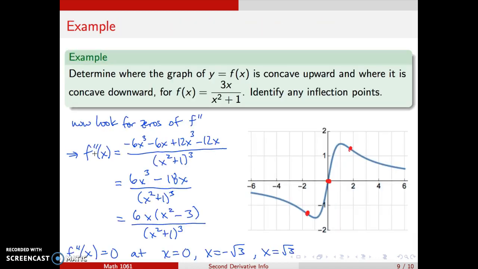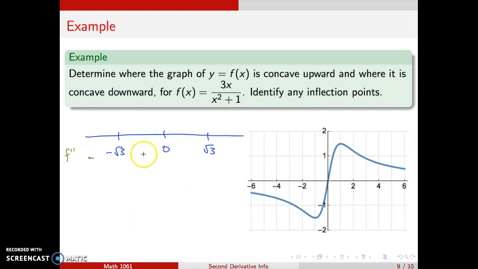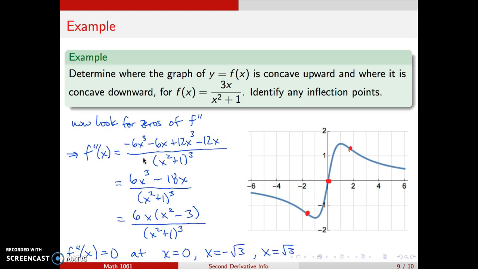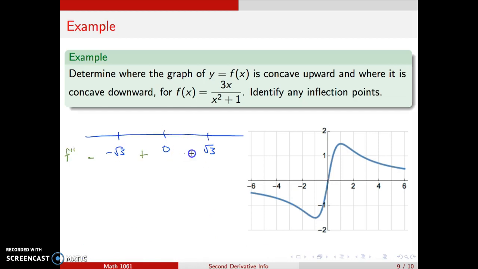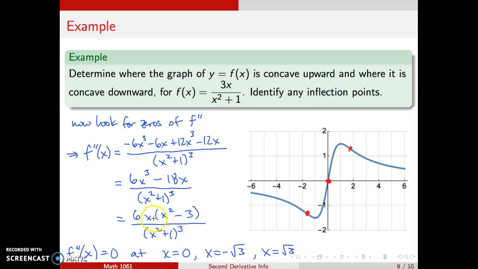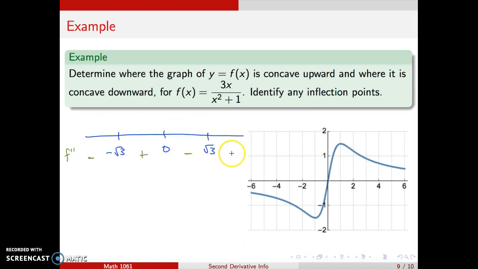Something in between, like negative 1, is negative times negative, which is positive. Something like positive 1 is positive times a negative, which is a negative. And then something bigger than square root of 3, so 2 or whatever, is positive times positive.